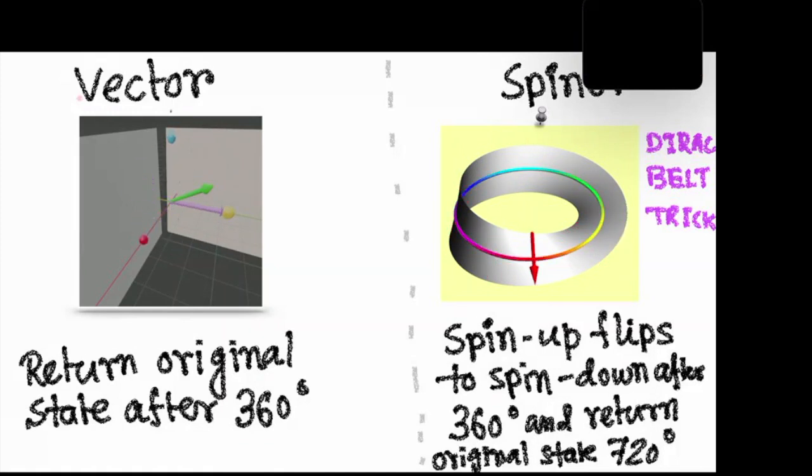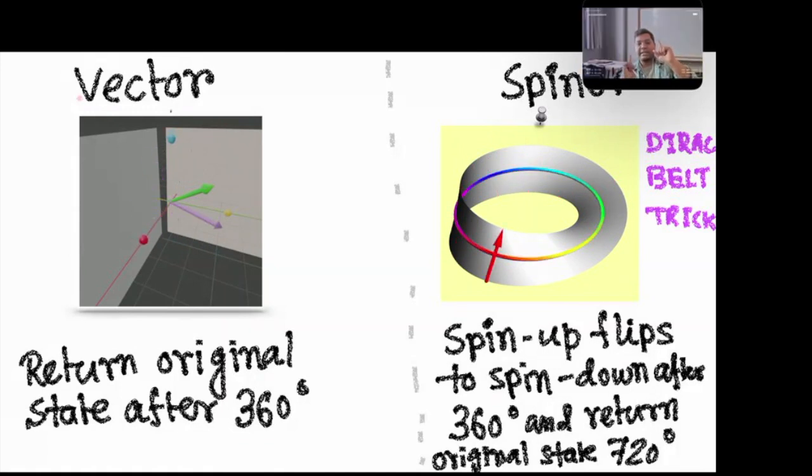To reach the original spin-up position, it needs one more rotation. A vector reaches the original position after a 360-degree rotation, but for the spinor, whether the initial position is spin up or spin down, it takes a 720-degree rotation, twice what a vector needs.